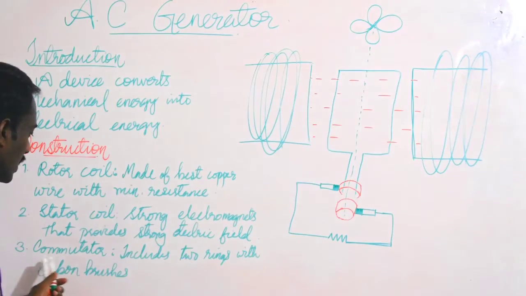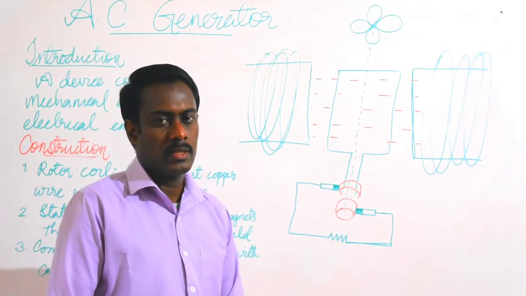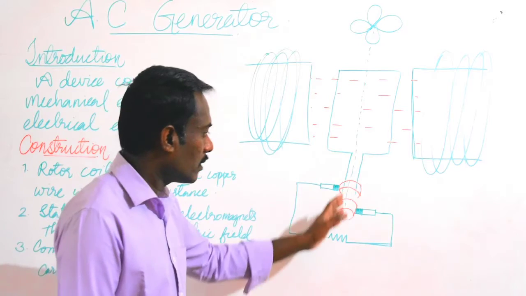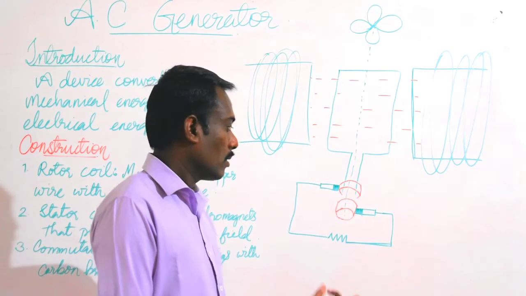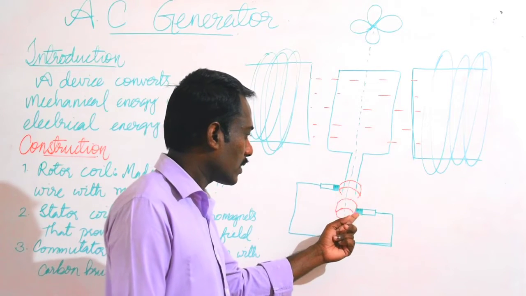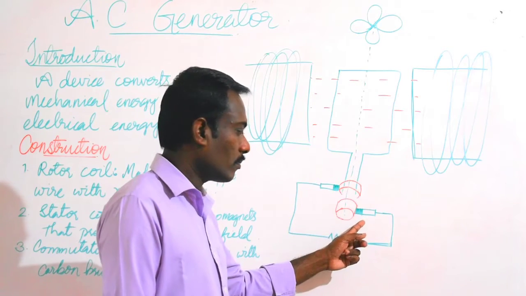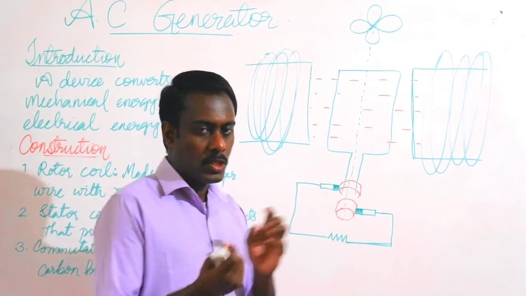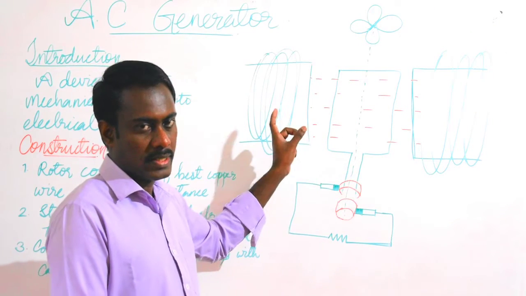The third part is the commutator. The commutator is a unique and important part of an AC generator. As we said, the EMF, the electromotive force, we can take into our home. Suppose my home is far away. If two wires are connected to the coil and taken to home, these wires are connected to a pole through which the electric current can transmit.